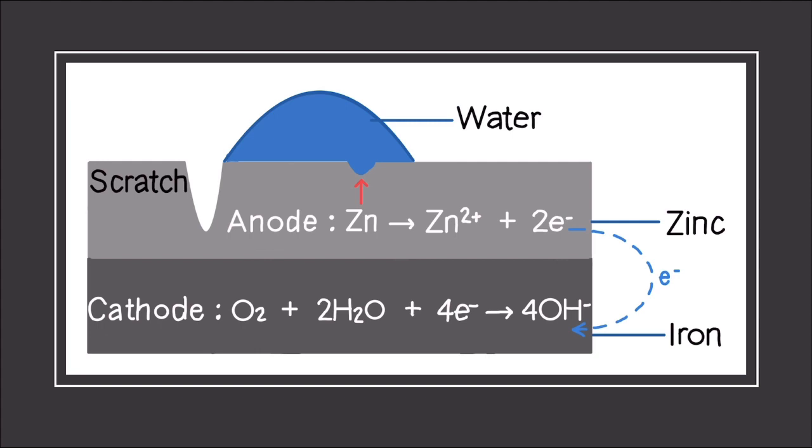The released electrons will flow to the iron, which will cause the zinc outside to corrode. With this happening, the electrons escape to the iron and will be gained by the oxygen and water to form hydroxide ions at the cathode, where the reduction will take place.